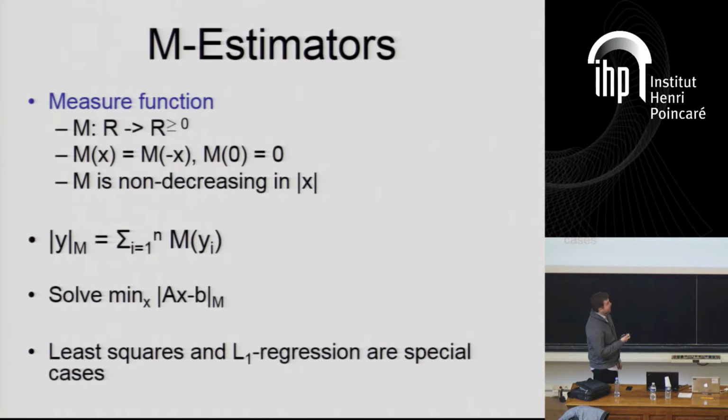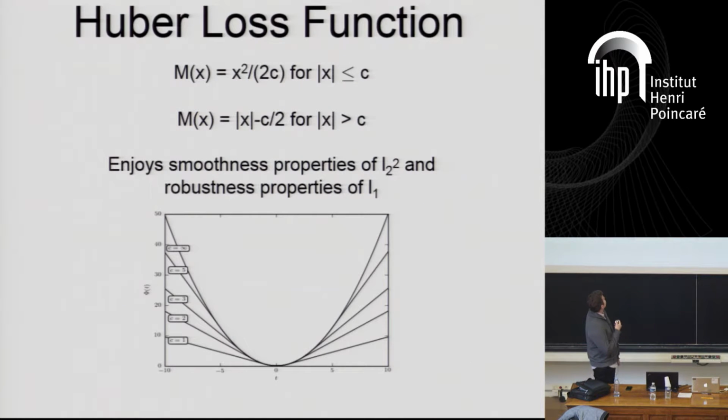What are other interesting M functions that people use? One is called the Huber loss function. It has some formula, but just pictorially, it's quadratic near the origin, just like least squares was. And then at some point it becomes linear, just like L1 regression was.